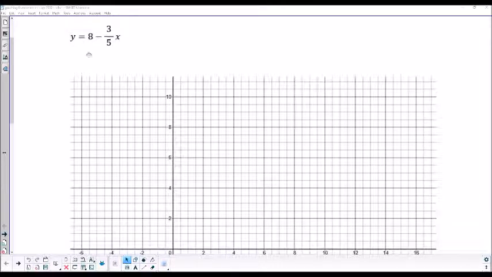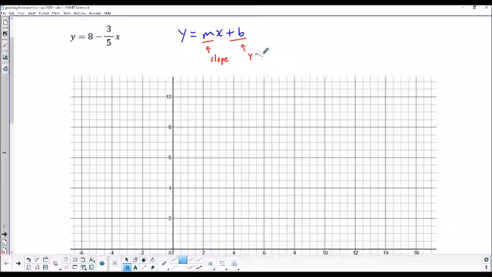We've got this equation, y equals 8 minus 3/5 x, and we're accustomed to seeing the general form, either y equals mx plus b, where we know that the m indicates the slope of the line, and the b indicates the y-intercept, and of course that's including the sign.